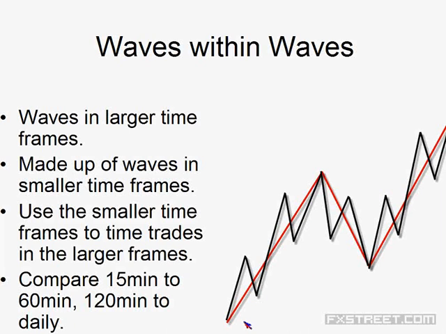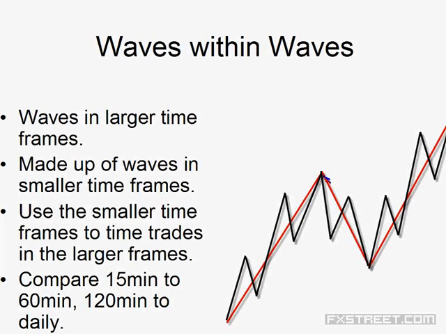Now, what can be really quite useful for analysis is that we are likely to see, if we're looking at the red wave here being in a longer time frame and the black being in a shorter time frame, we can relate one to the other. So in this case, we've got wave 1 going on up, which we may well be looking at on daily charts. And then the black, we can see this one day subdivided, if we're looking at, say, the 15-minute chart, into a series of 5 waves.